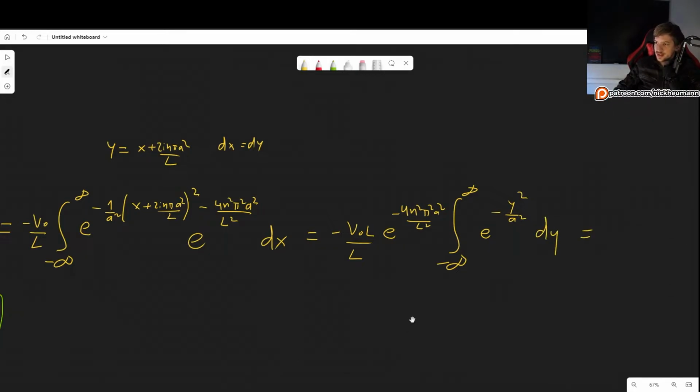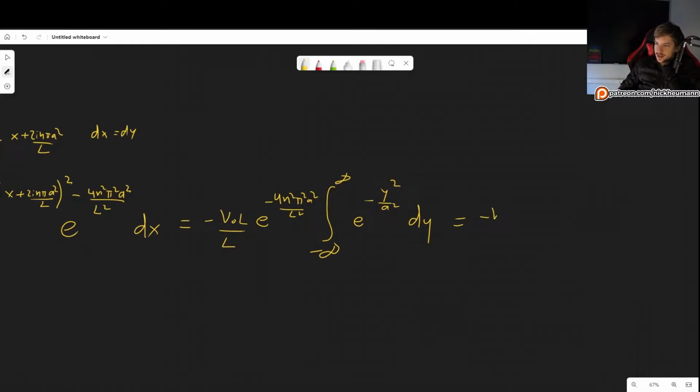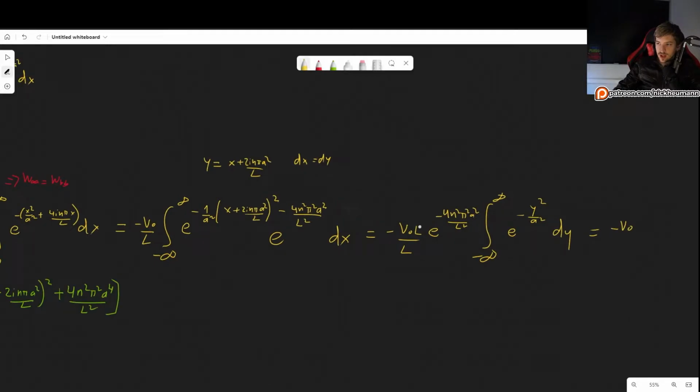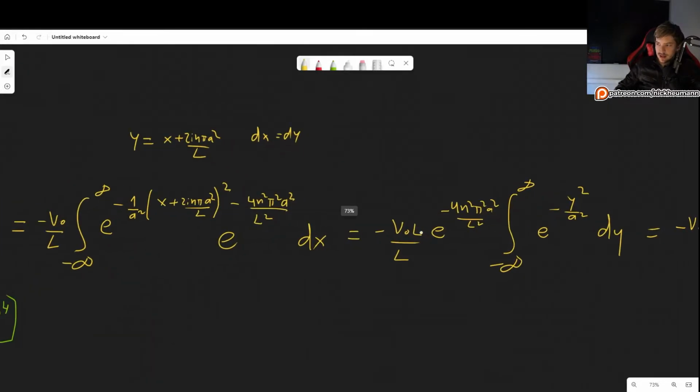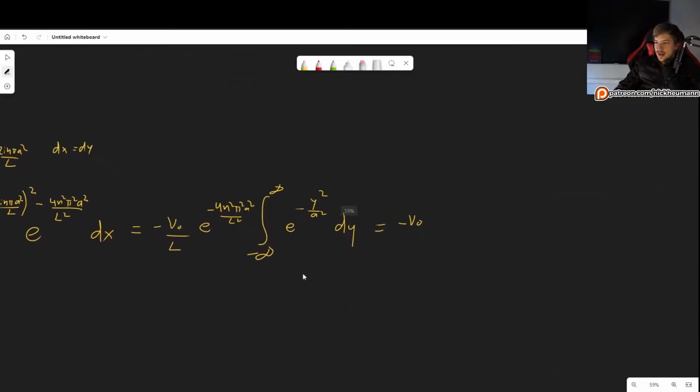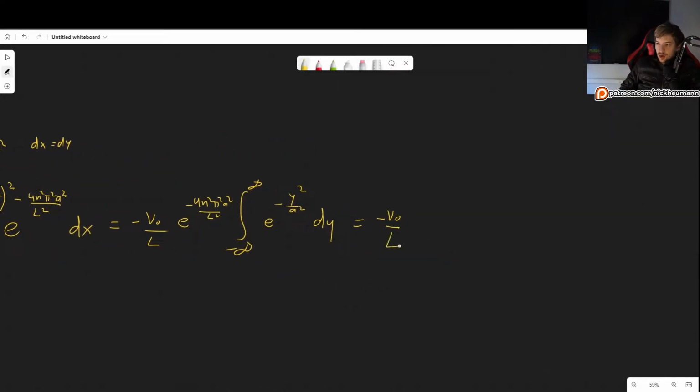So this is simply minus V0. Wait, why did I... Yeah, I don't know why I put this thing there. I have no idea what it even is. Sorry. So minus V0 over L e to the minus 4n squared pi squared a squared divided by L squared.